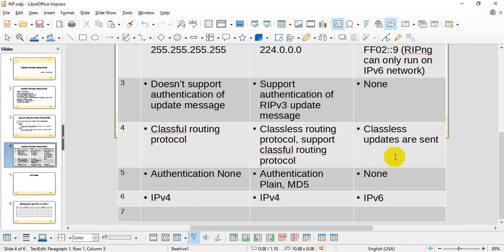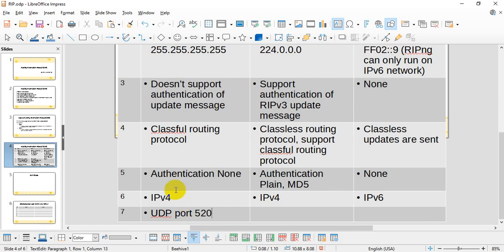And what is the port used by RIP version 1? It uses UDP, user datagram protocol, port 520.